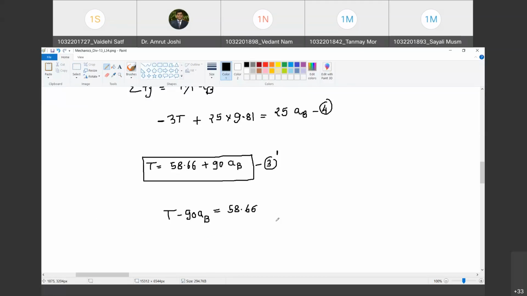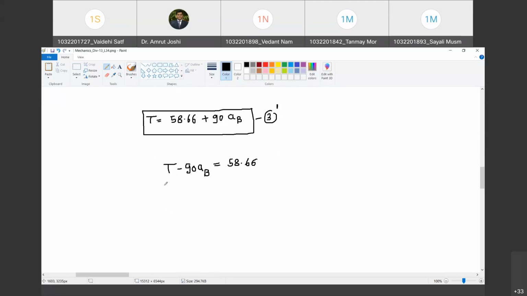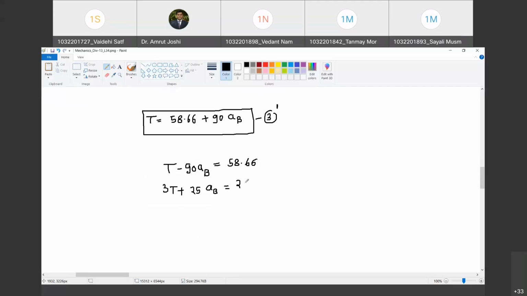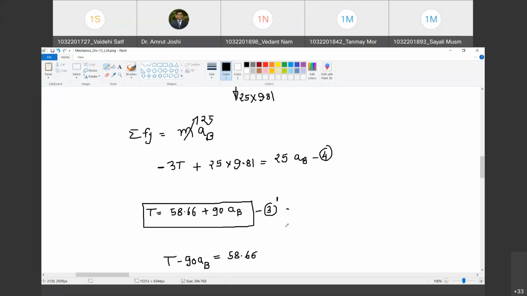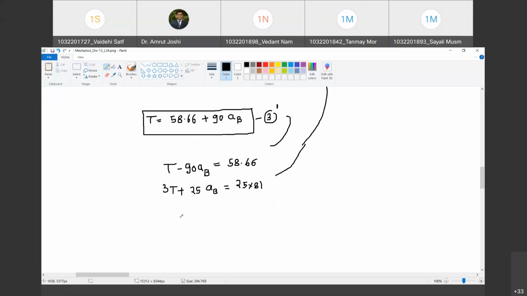This is one equation. And let me rearrange this. I get 3T goes on that side, so it is 3T plus 25AB is equal to 25 into 9.81. Just rearranging these two equations. Can you solve for these two now? And you will get the value of T and AB.